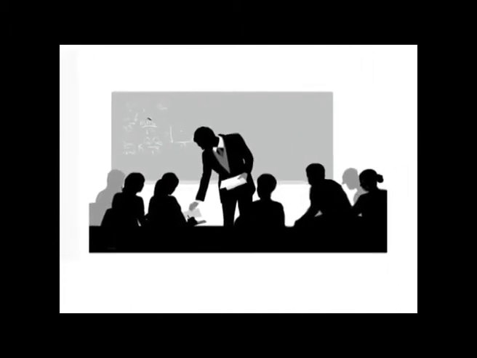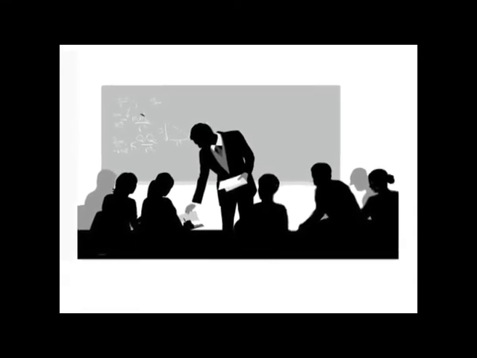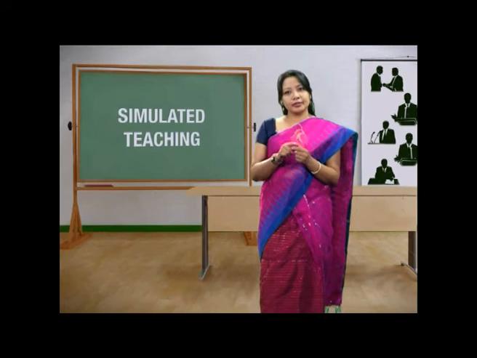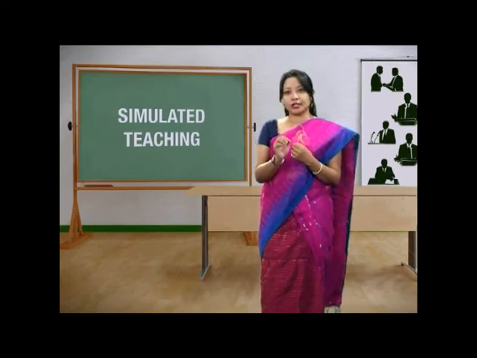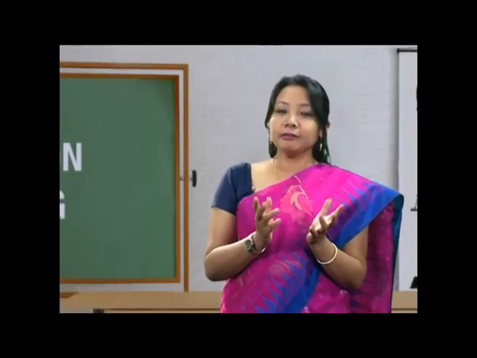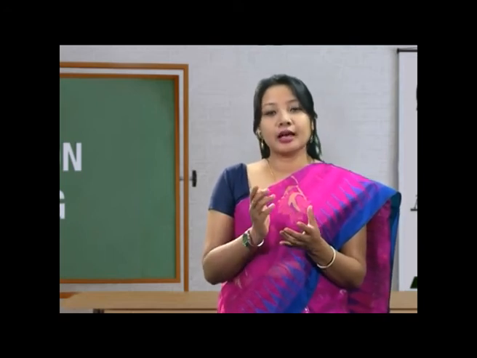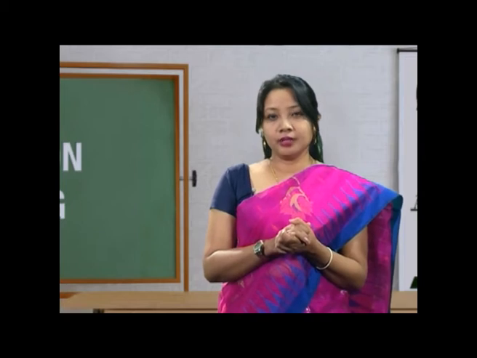After this discussion, another pupil comes to the blackboard for teaching and the cycle is repeated again. The feedback that the student teacher receives from his teaching helps him to modify his behavior. Thus, desirable behavior can be achieved through role playing in artificial classroom situations.